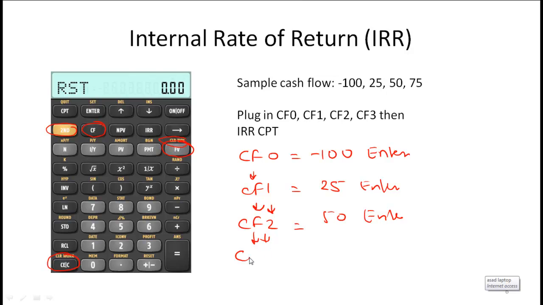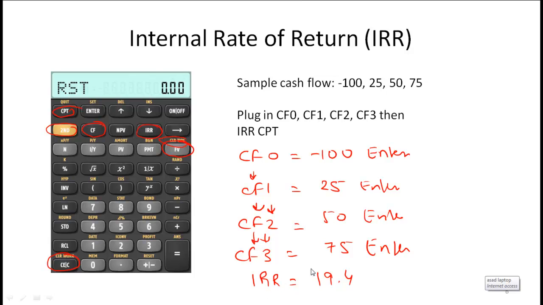Cash flow 3 is equal to 75, enter. So you've entered all the cash flows, and then you press the IRR button, which is right here, and then you press the compute button, and this will give you IRR equal to 19.4, much faster than the manual process we used earlier.